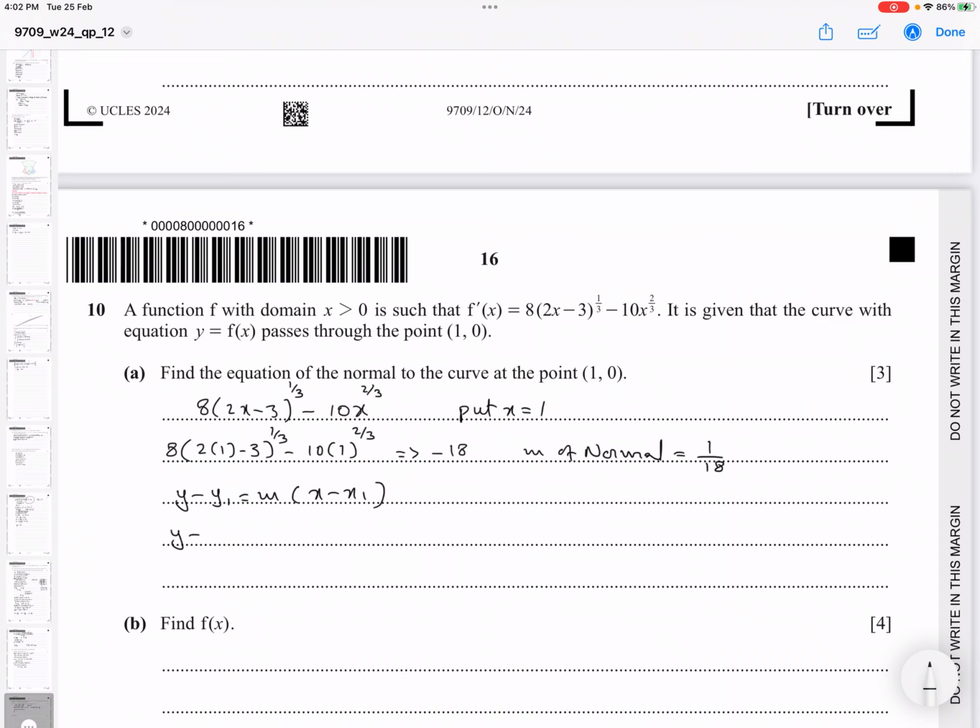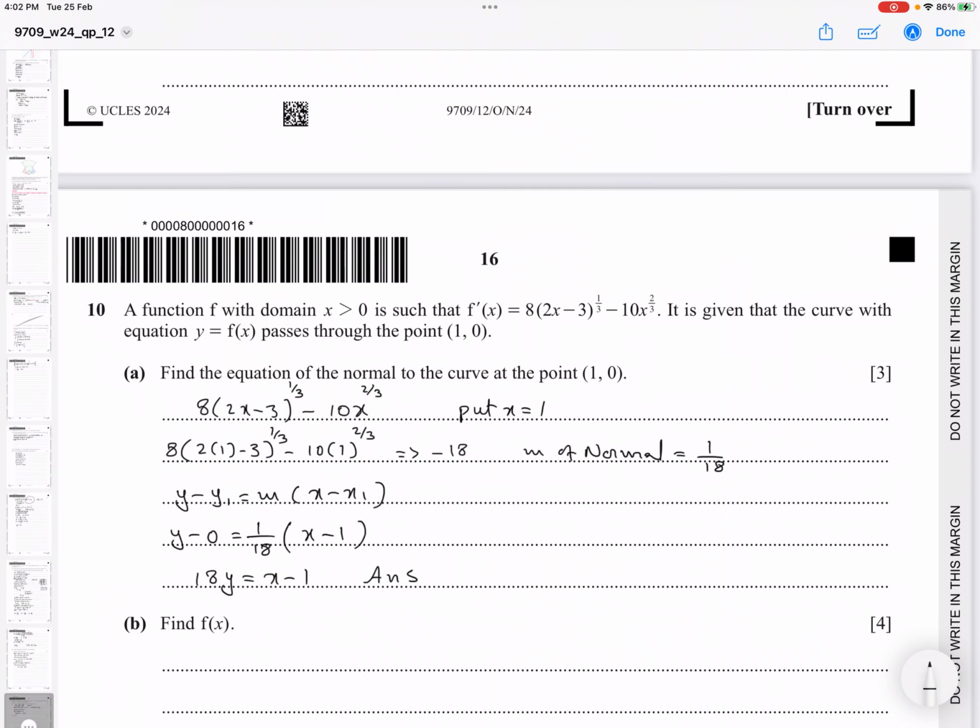So y minus 0 equals gradient, which is 1 over 18, times (x minus 1), since I'm trying to find the equation of the normal. This 1 and 0 was given, the point's coordinates. When you simplify this, you will get 18y equals x minus 1. This is your equation of the normal.